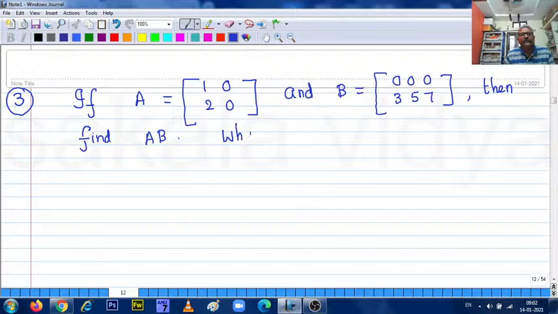What do you notice, or what do you observe? Your observations need to be noted down.